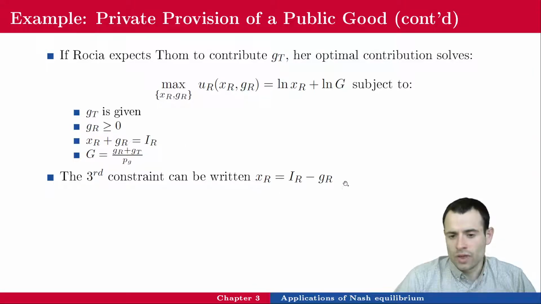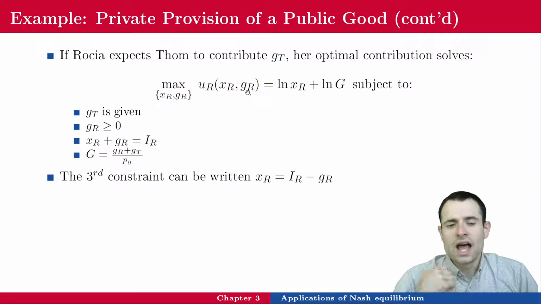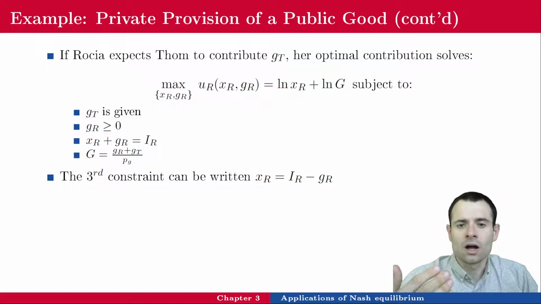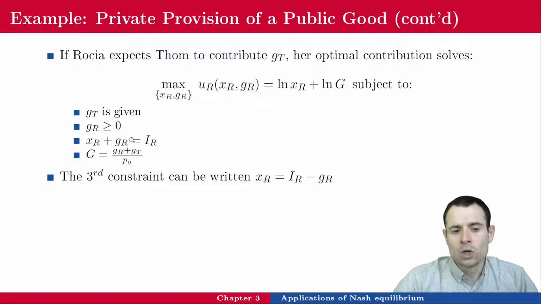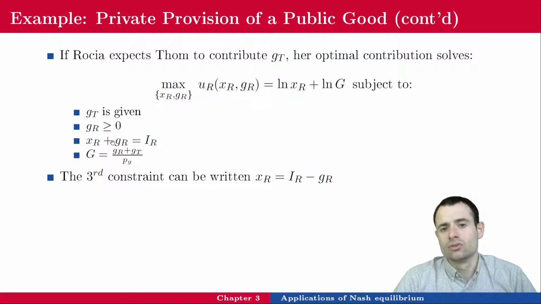If XR is equal to this, then I can replace my XR here by this formula, and then I can get rid of XR in the utility function, so that the utility function depends only on GR. Because at the end of the day, for this exercise, I do not care about the value of XR, I do not care about the optimal amount of private consumption, I care about the optimal amount of the public good contribution. Once you have it, you can plug this number in the budget constraint and recover XR if you want to.